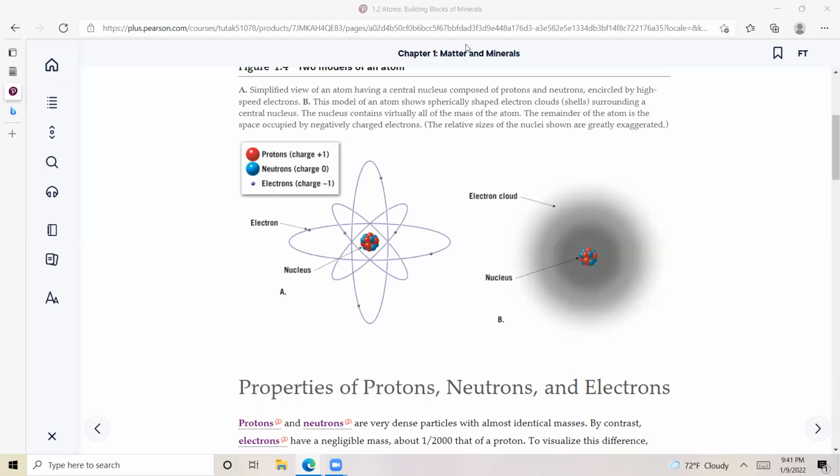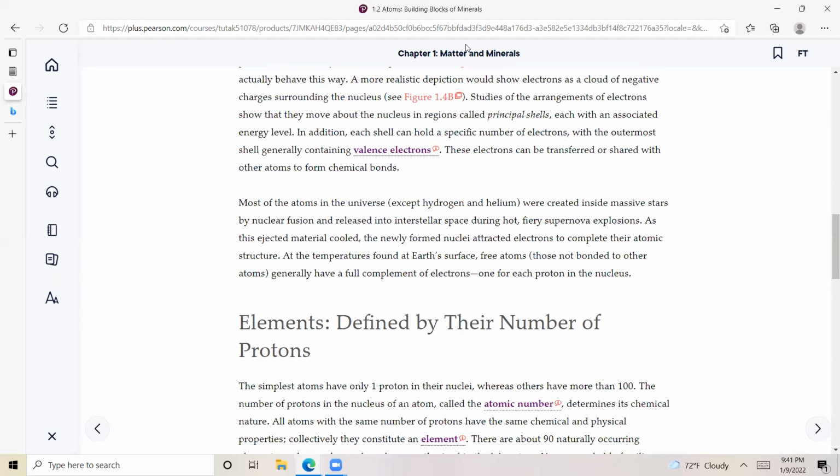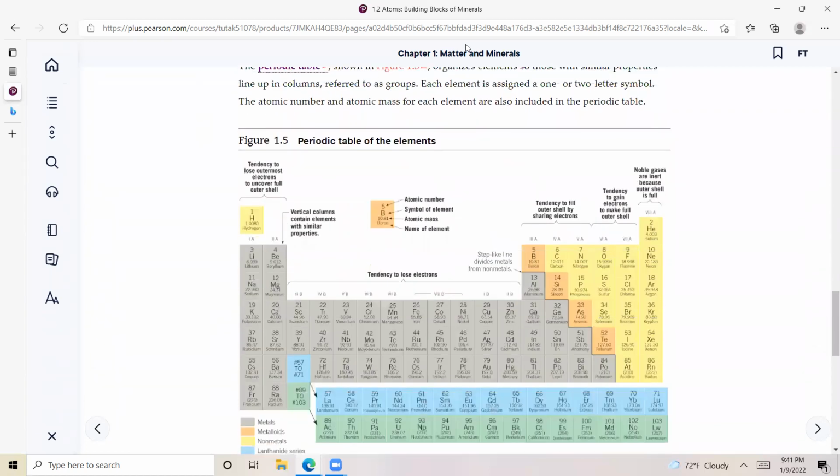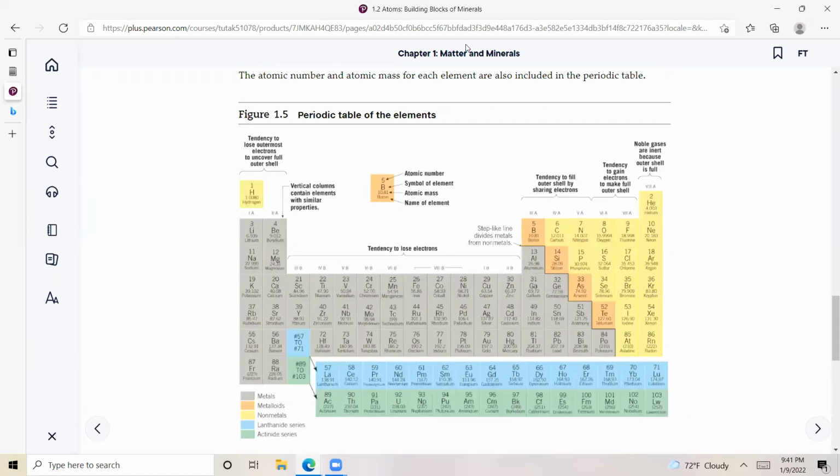And you need to know that if you move to the other section here, we care about the periodic table because, like I said, the minerals will contain elements within them.